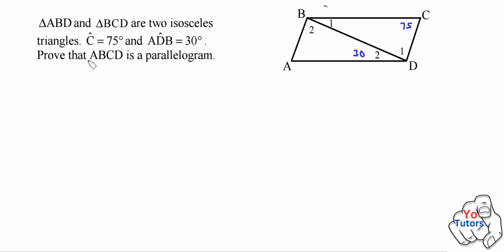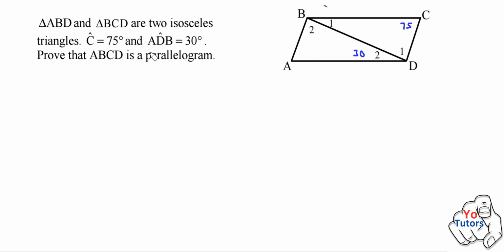Okay, prove that ABCD is a parallelogram. Now, remember, here you are proving that ABCD is a parallelogram. That's what you are dealing with here. But in this case, how are you going to do that? We will need things that support what we want. So for it to support what we want here, we need to have one of the properties of a parallelogram.